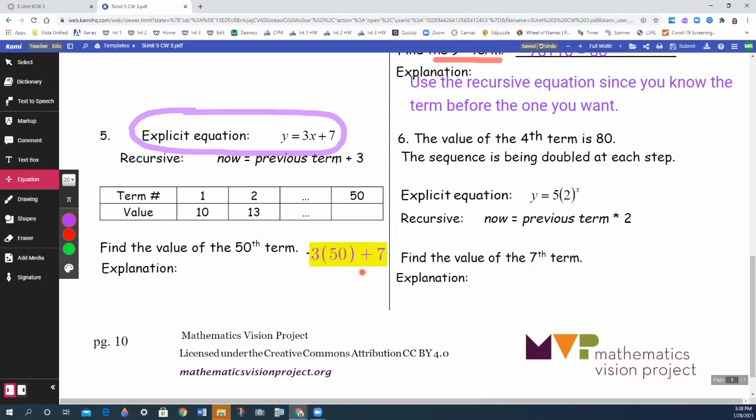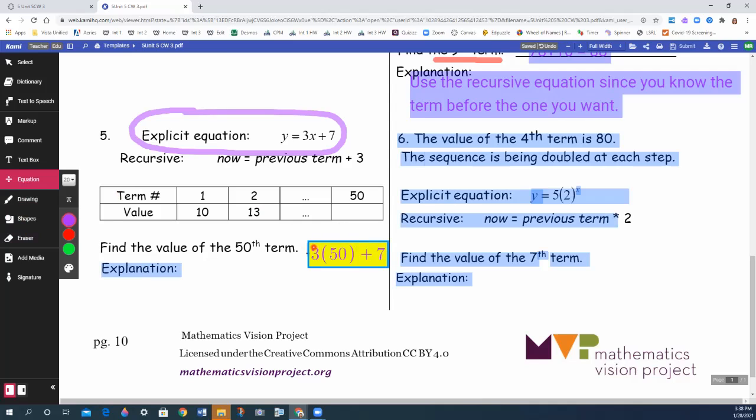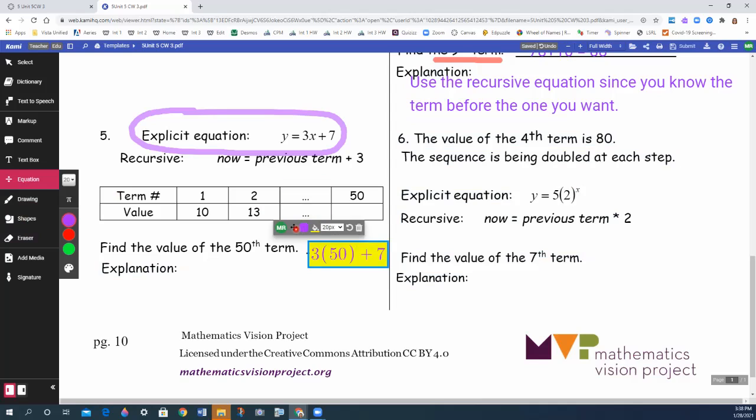Okay, and when I do that, that gives me, well, 3 times 50 is 150 plus 7 is 157. And that's your 50th term, 157.